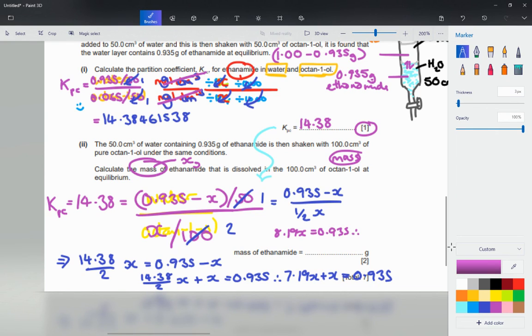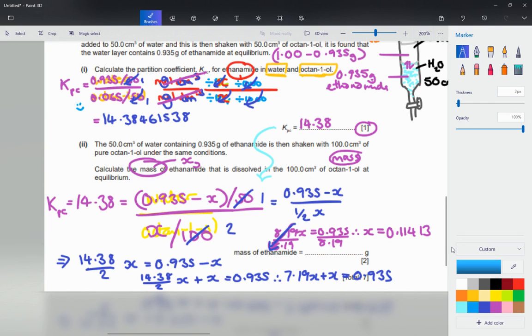0.935. Therefore, if I divide both sides by 8.19, I should get x, because that cancels out. x equals, so I've got the answer 8.19 in my calculator. 0.935 divided by answer gives me 0.11413455.